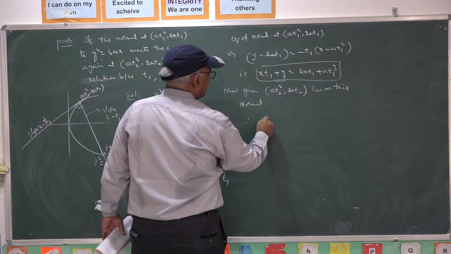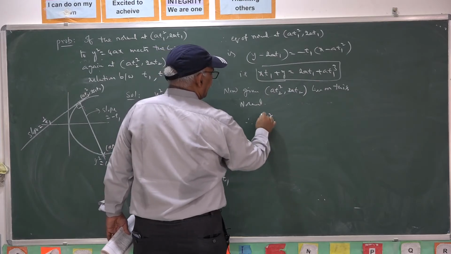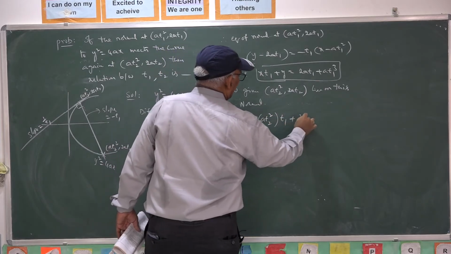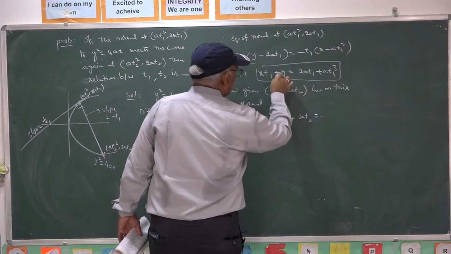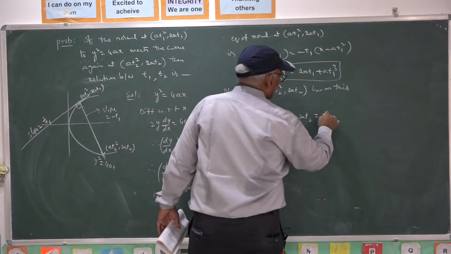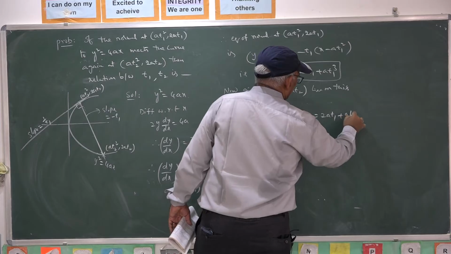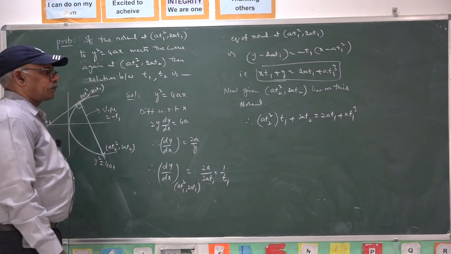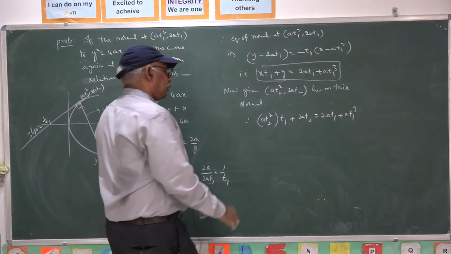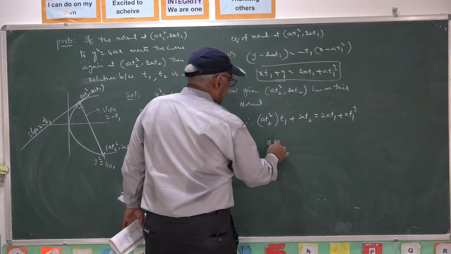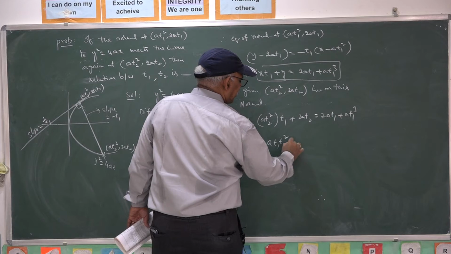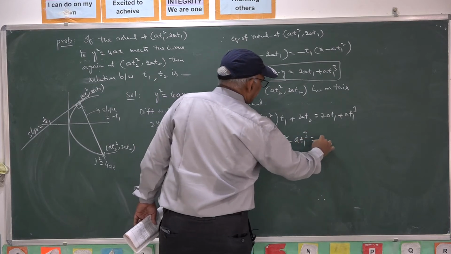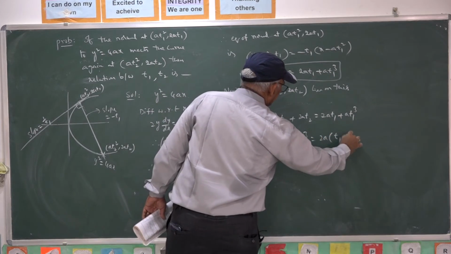Therefore, taking x equal to a t2 square, y equal to 2a t2, the equation is satisfied. That should be equal to 2a t1 plus a t1 cube. Now, a t1 t2 square minus a t1 cube takes the value 2a into t1 minus t2.